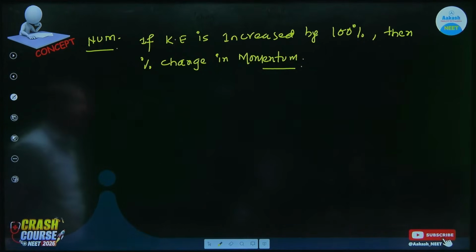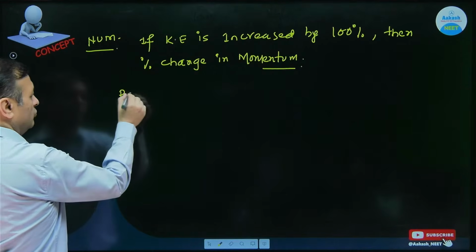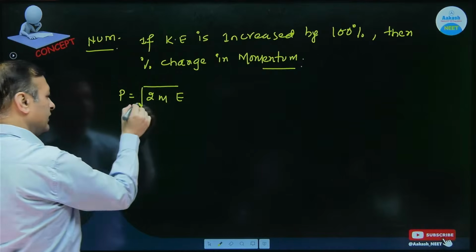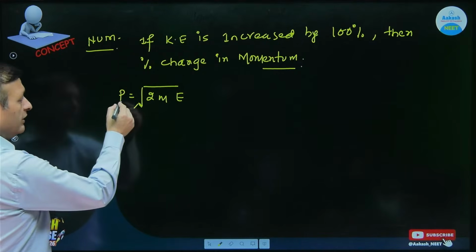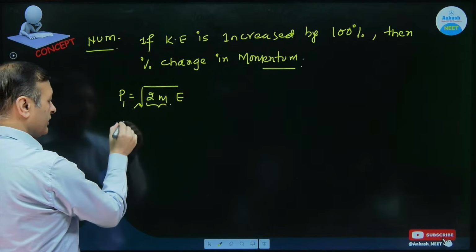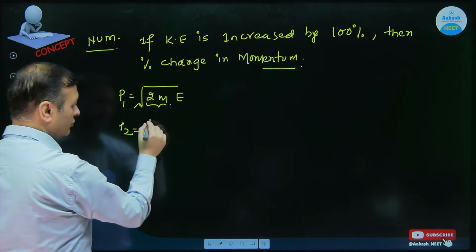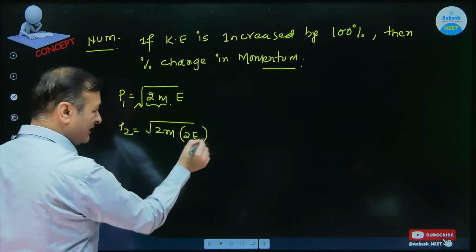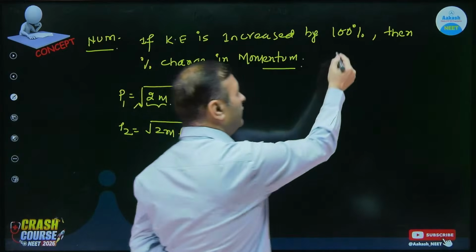So this is a new question. Then percentage change in momentum. So we know momentum is the square root of 2m times kinetic energy. So if this is momentum P1, mass पर कुछ comment नहीं है, and P2 is √2 times m, और kinetic energy is increased by 100%.